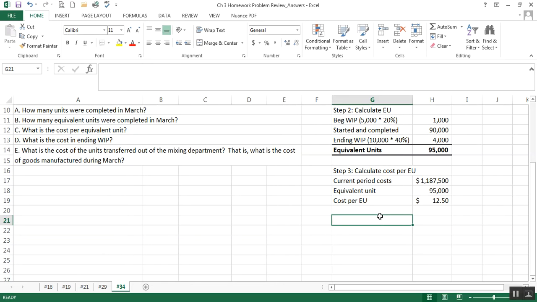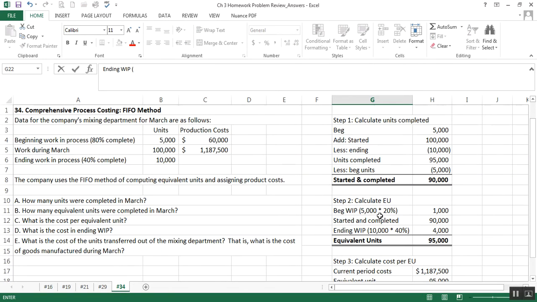And then finally, step 4, calculate production costs. Okay, so first we're going to calculate our ending WIP, which is going to be the 10,000 units times 40% complete.